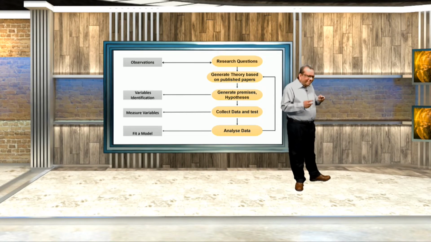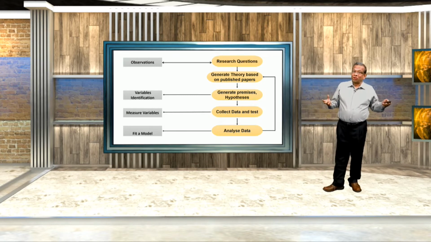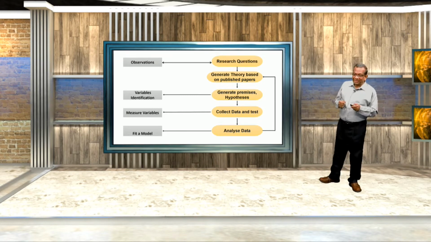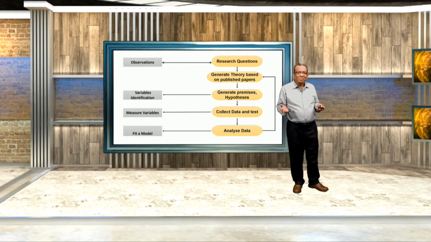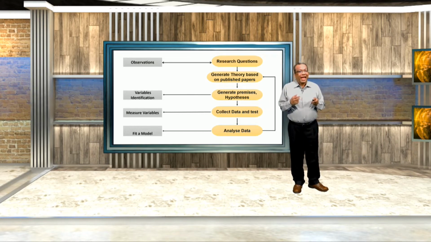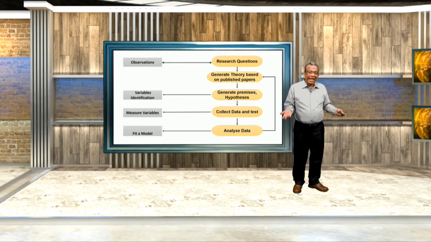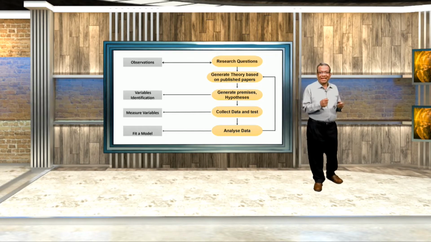Now, these hypotheses have to be definitely based on variables, and you will be seeing the different variables that you have to identify in the given observation. Based on these hypotheses, you collect the data.